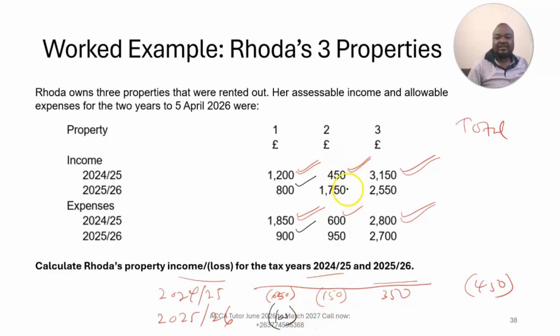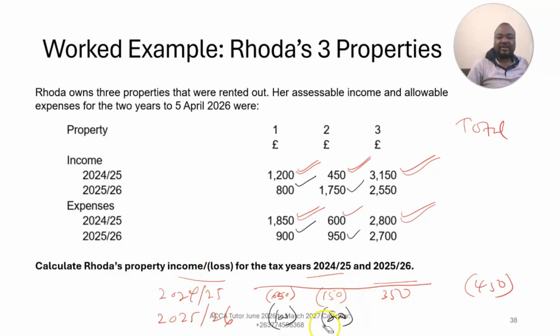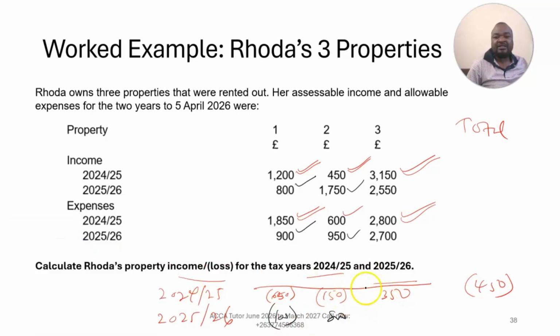And then 1,750 minus 950 gives us 800. No, that one is not a loss, it's actually a profit. Be with me there. That's a profit.